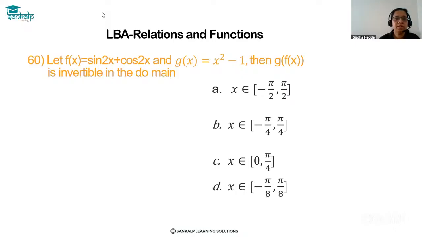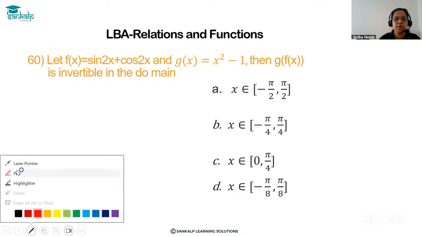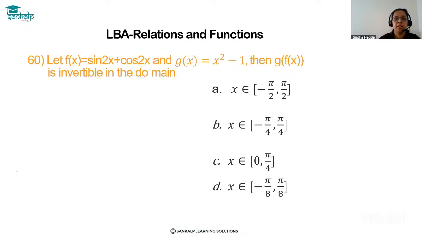Hi students, let us take the question, somewhat different type of question. Let f of x is equal to sine 2x plus cos 2x and g of x is equal to x square minus 1.